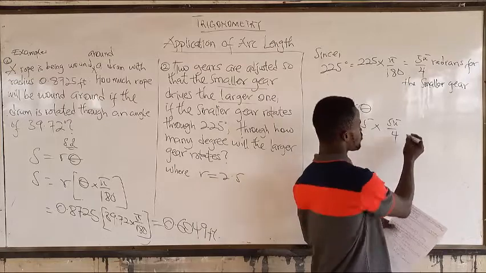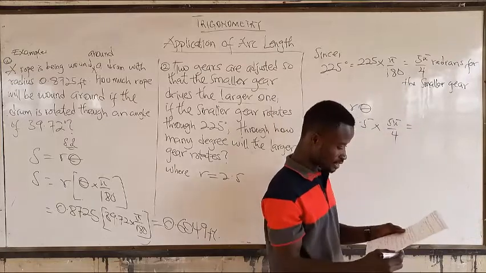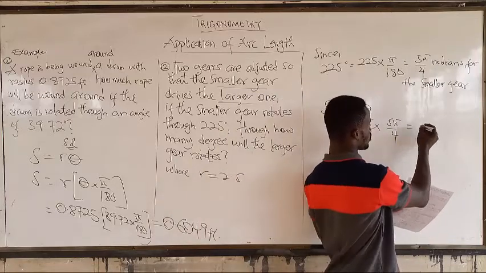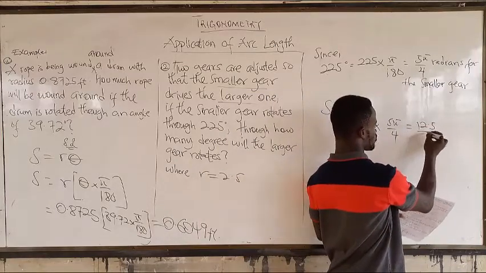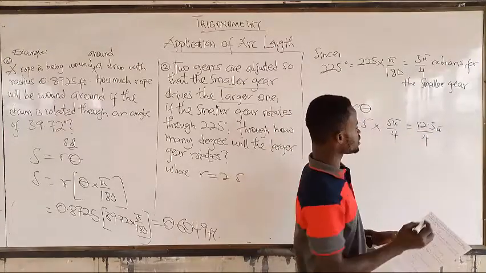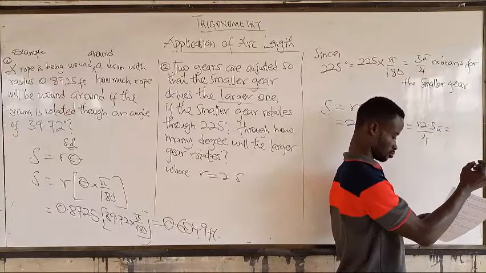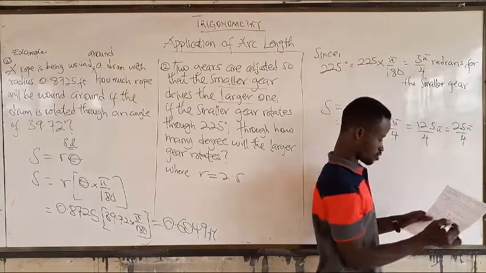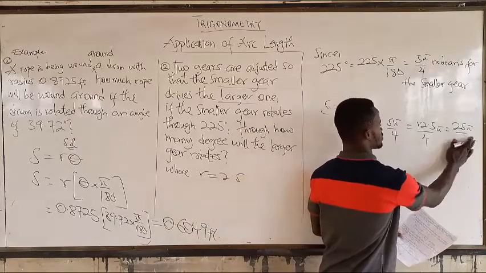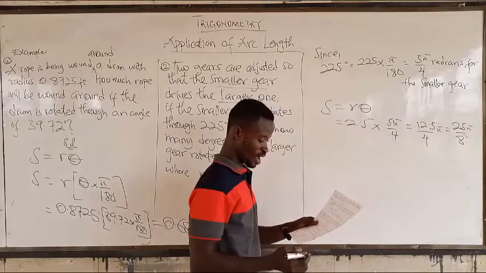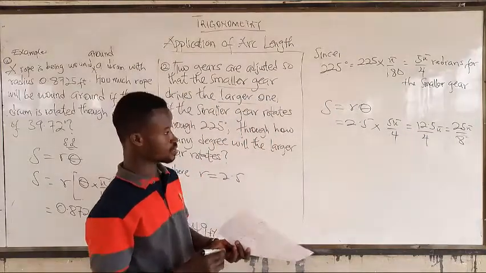And that is going to give us 12.5 pi over 4, which is the same as 25 pi over 8. Alright, 25 pi over 8.